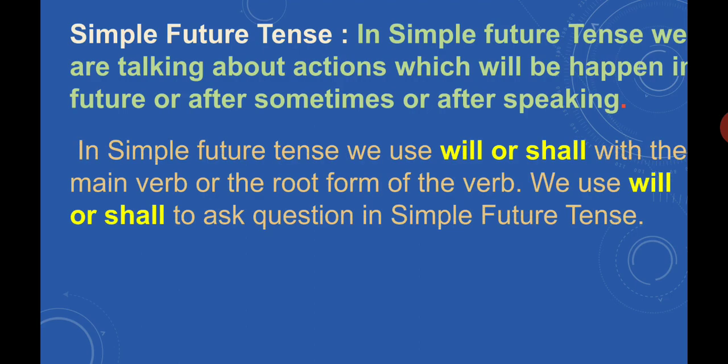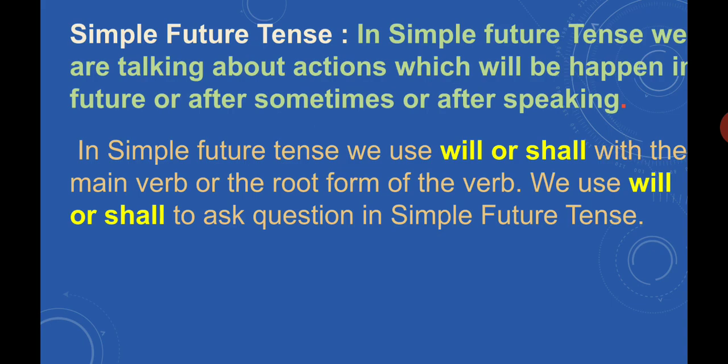In simple future tense, we use will or shall as a helping verb, and the verb in its root form, which means main form. So, same as the present continuous tense. What are the helping verbs in present continuous tense? Am, is and are. Here, what are the helping verbs?